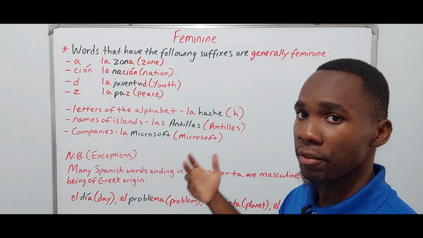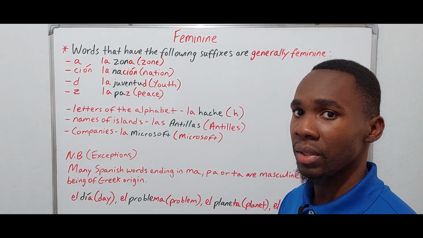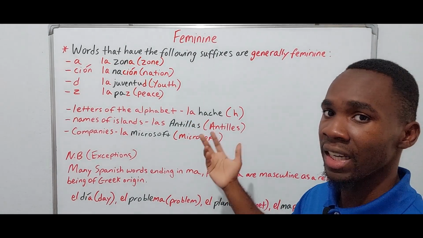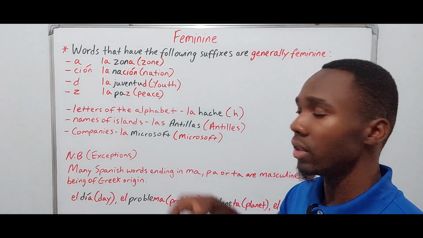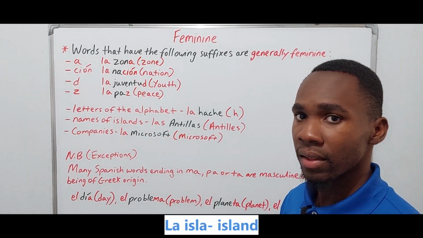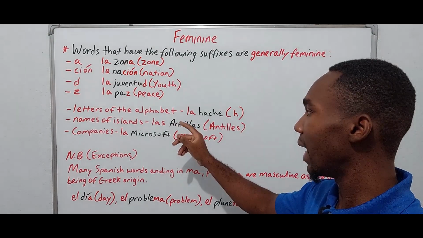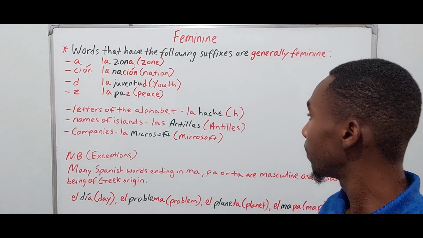So it is already feminine. So any of the letters in Spanish would be feminine, right? La H, which is H, right? The letter H. Names of islands, the word for island is isla, la isla. So example, Las Antillas. That is Antilles, right?